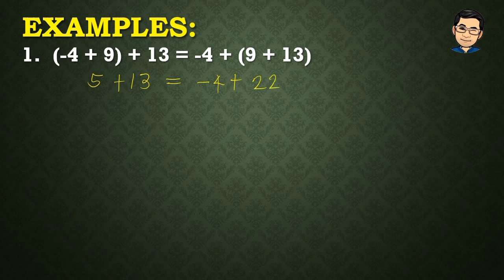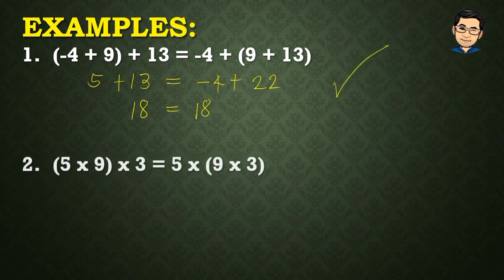So, if we add 5 and 13, that is 18. If we add negative 4 and 22, that is also 18. So, in here, kailangan natin i-follow yung sign ng bigger value, which is yung 22, and then we subtract. So, 22 minus 4, that is 18. So, as you can see, associative property under addition, okay siya.